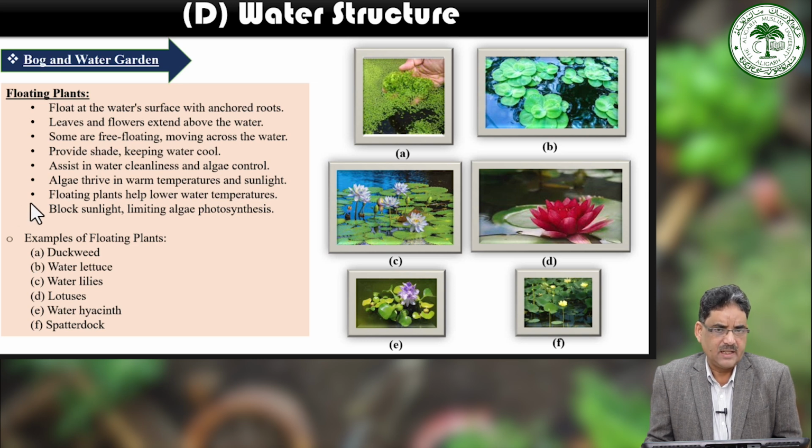Floating plants help lower water temperature and limit the algae photosynthesis process by blocking sunlight. Some examples of floating plants are duckweed, water lettuce, water lilies, lotuses, water hyacinth and spatterdock.